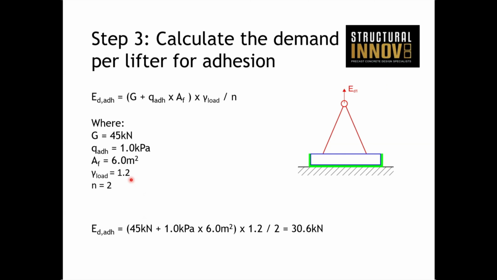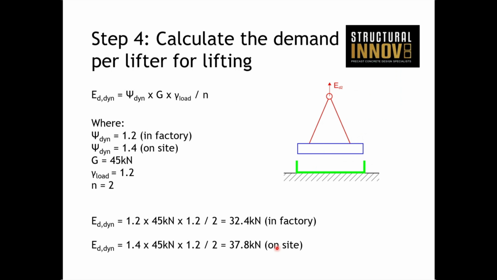Typically, Eurocode states that's 1.35, but we have shown in lecture 1, due to the reliability and the certainty around the value of our dead load, that we can reduce that to 1.2. And we get a value of 30.6 kilonewtons for that. You'll often find that this particular scenario where you have a flat surface and sides are stripped, etc., that this is not going to govern, and no different here.